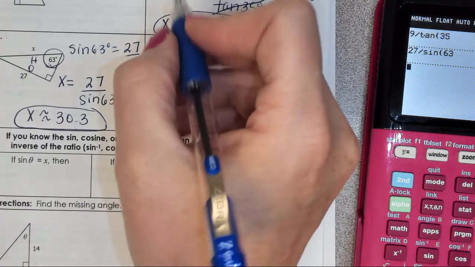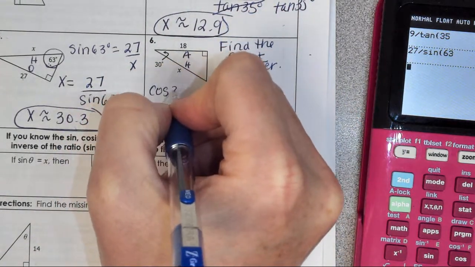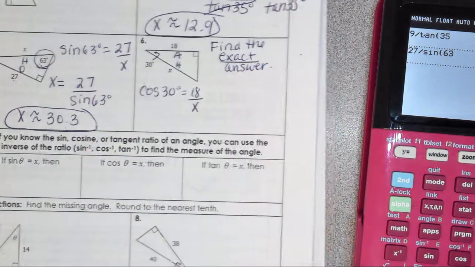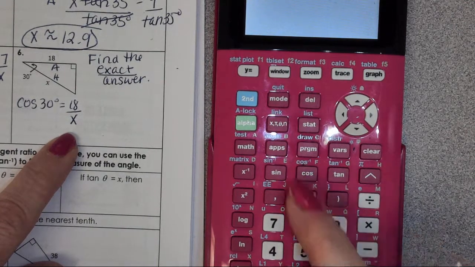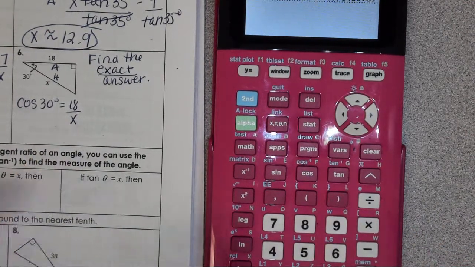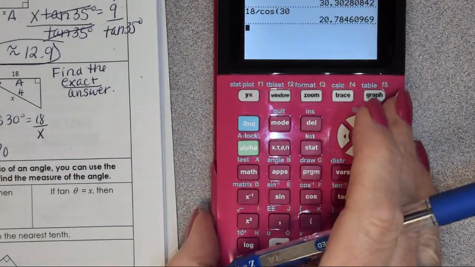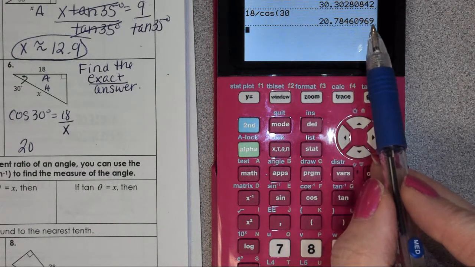They look at this and they're like, okay, this is my adjacent, this is my hypotenuse. I'm going to do cosine of 30 equals adjacent over hypotenuse. X is on the bottom, so I can do 18 divided by cosine of 30. And my answer is 20 point, and people just write all these numbers. They're like, okay, my exact answer is 20.78460969.